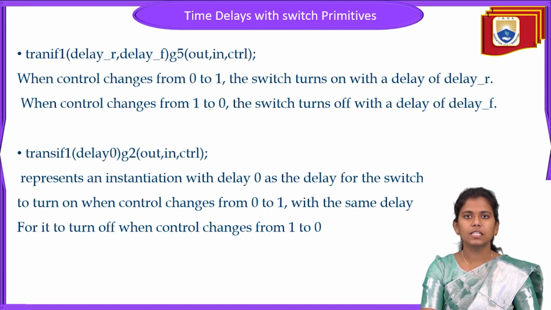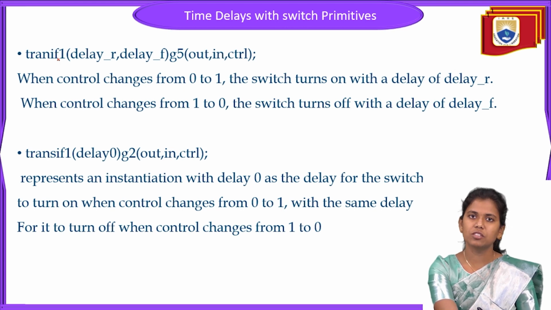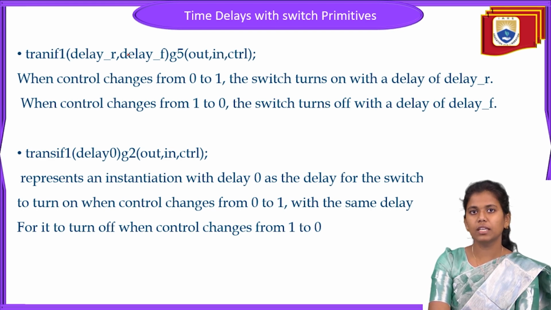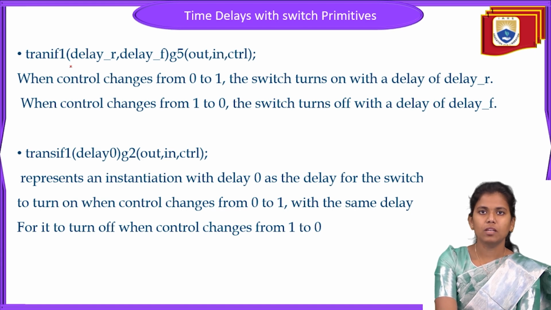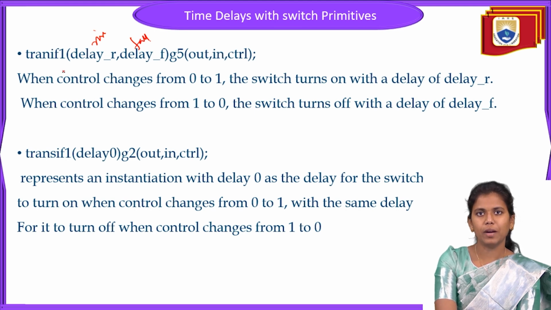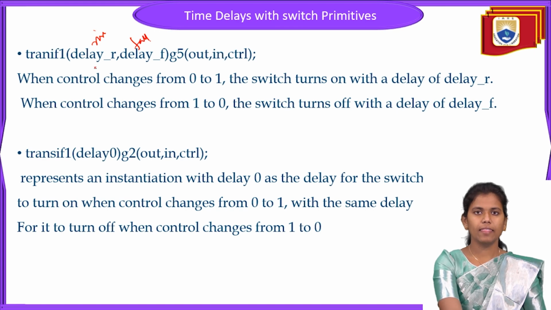And then we will now see the representations of this TRANIF1 as well as TRANIF0 with respect to the delays, with 1 delay and with 2 delays. Here we see the TRANIF1 with 2 delays. We have 2 delays, one with respect to the rise and the other with respect to the fall. TRANIF is a bidirectional switch, so my keyword should be TRANIF1 and then the delay.